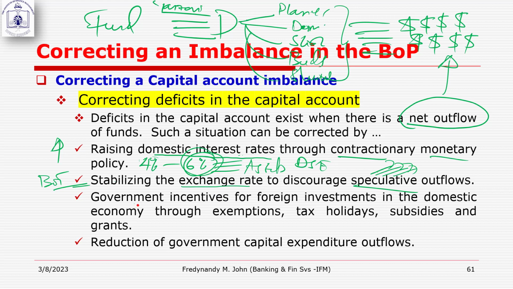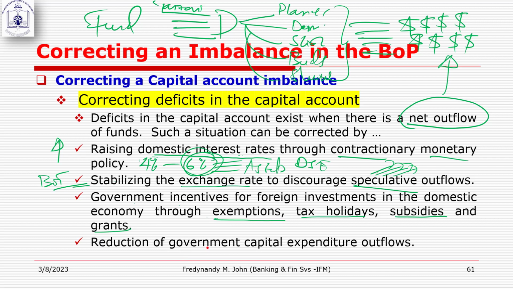The government needs to provide incentives for the foreign investors to come and invest in our country. And how can the government provide this incentive? It's through exemption, through tax holidays, through provision of subsidies, and even giving them some grants.